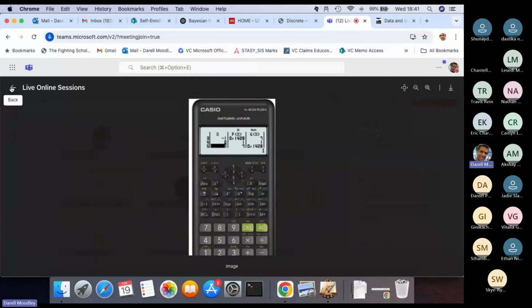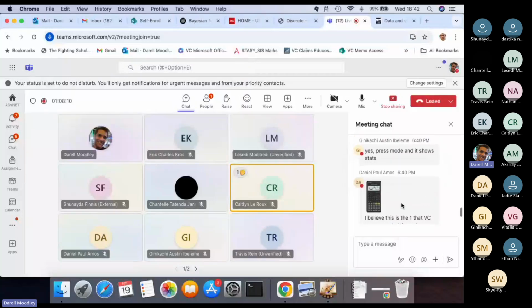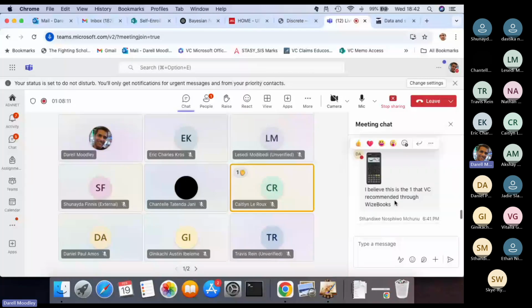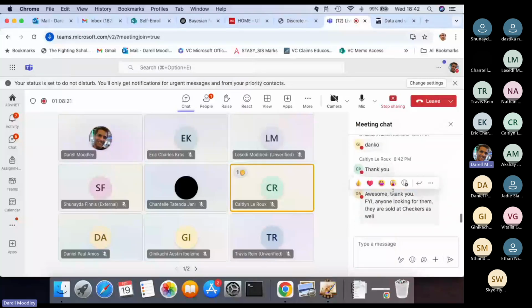So get the Casio FX series. Those are generally good enough for this. Yes, that's the one, and if VC recommended it, sorry, I still have an older version in my mind, but it's pretty much the Casio FX series.